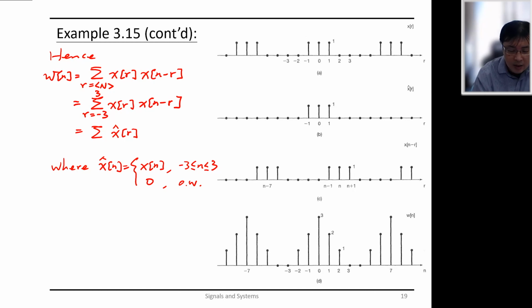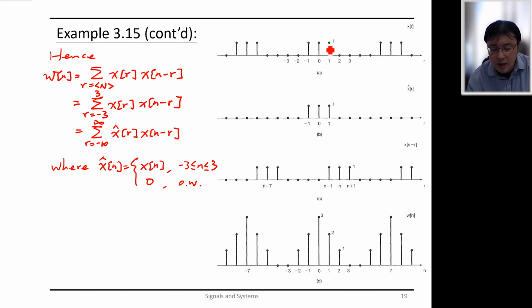If we replace xr with this x hat of r, we can then take this summation from -infinity to infinity of x hat r times x of n minus r. So here we have this example where xr looks something like this.